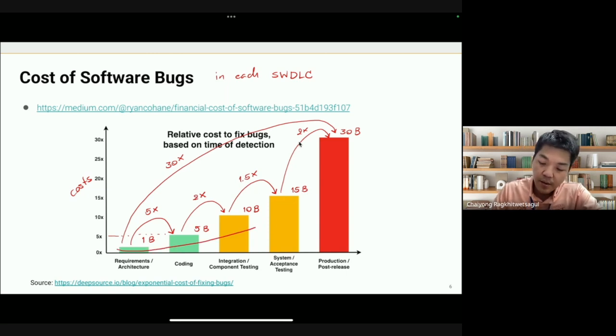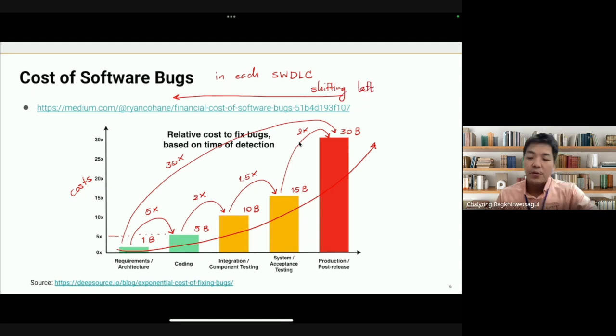You will see that this cost keeps growing exponentially over the life cycle phases of software development. So there is a concept called shifting left nowadays, which means we need to find the bugs or faults in the software early on, in the very first phase. During the software development lifecycle, the team must start looking for potential faults or issues since the requirements.